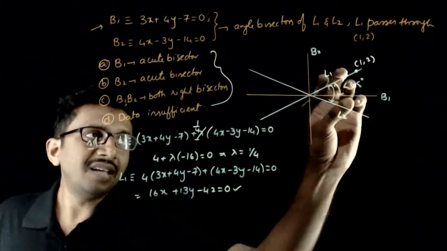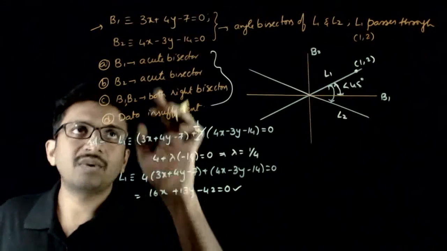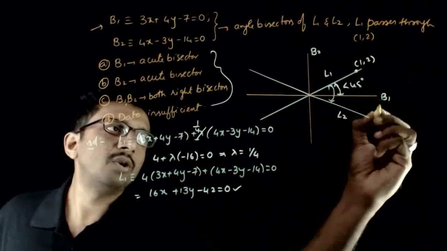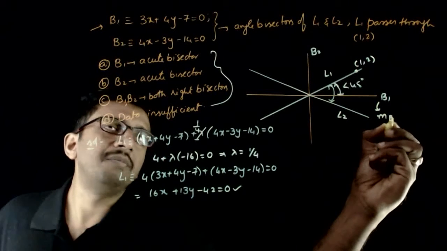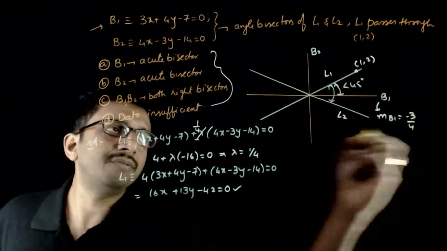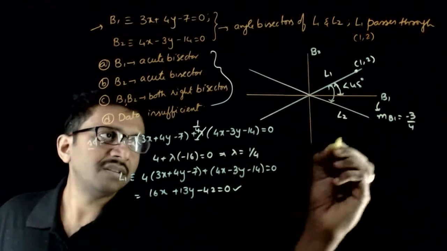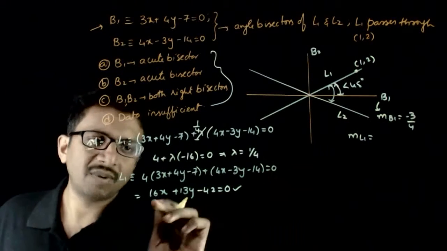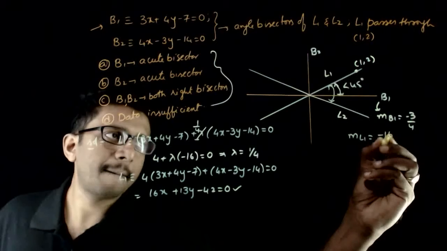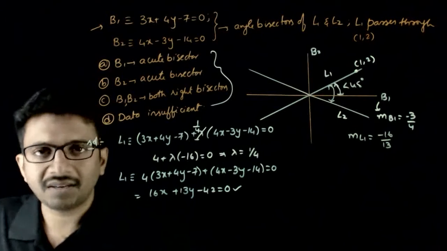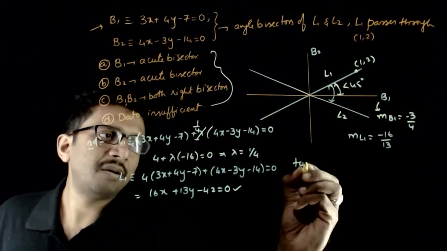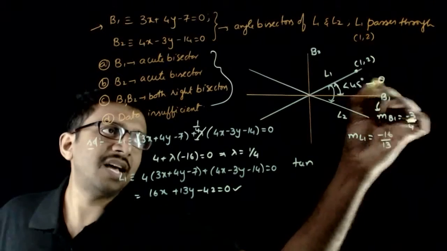So let us find the angle between L1 and B1. What is the slope of B1? The slope of B1 is minus 3/4. What is the slope of L1? The slope of L1 is minus 16/13. Let us take theta as half of this angle.